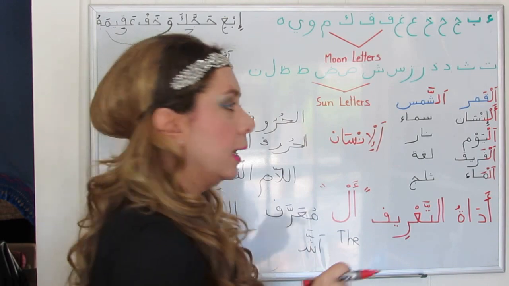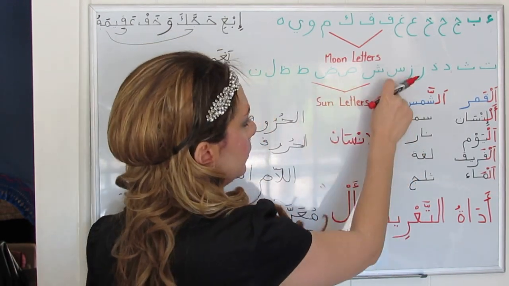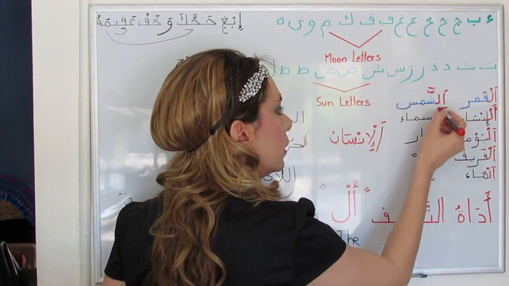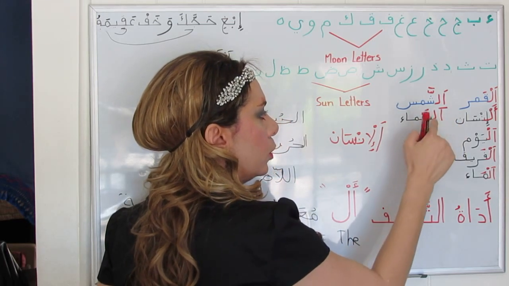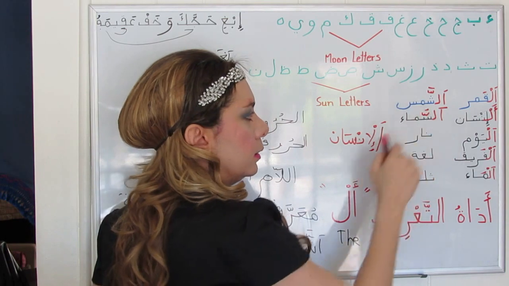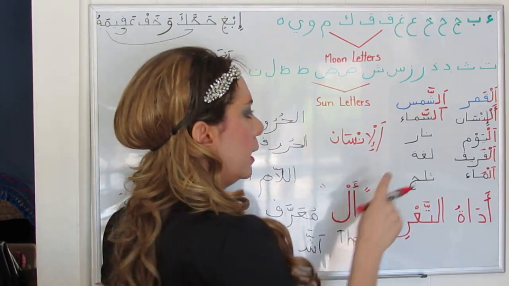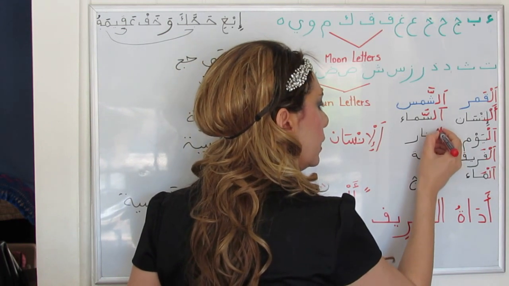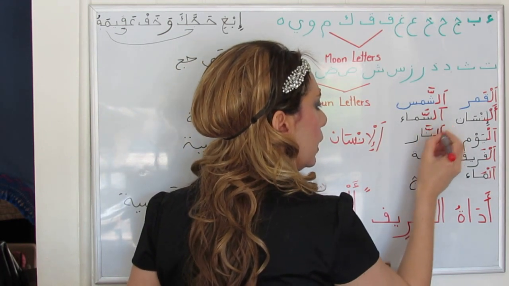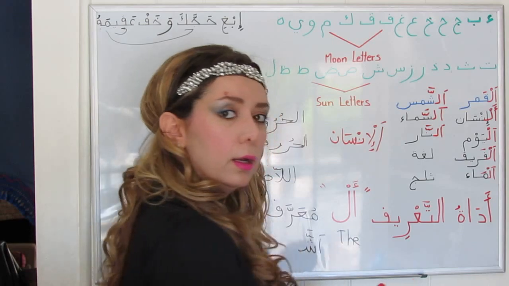Sama is sky, seen here. So sama, and shadda on top of the sun letter. As-sama, the sky. Nar, a fire. The fire, an-nar.